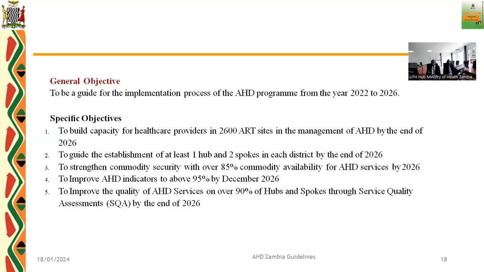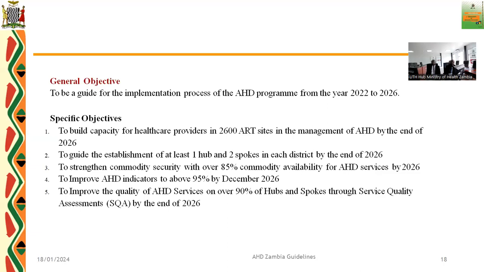So it's at district level. So here you are looking at the very least, 116 hubs, and that would be close to 400 spokes. Is it 332 spokes at the very least? So this is where we would like to make sure that we start monitoring our progress.